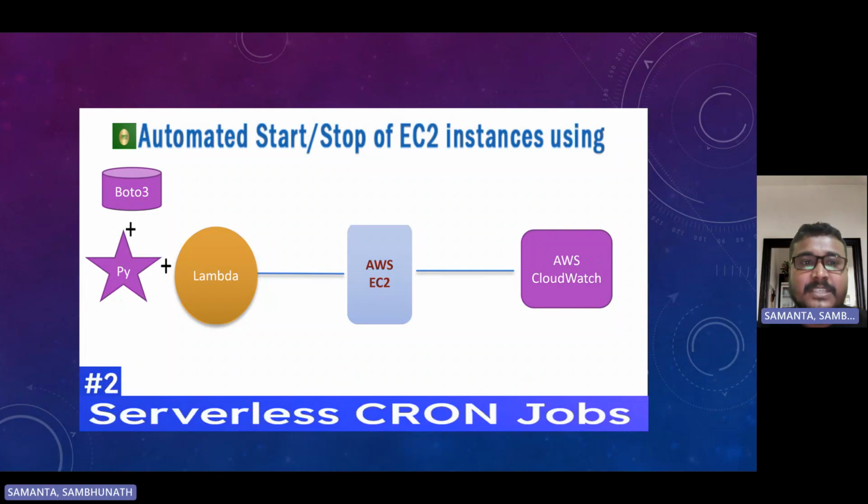In that video we demonstrated how to automatically start and stop an EC2 instance by using Python, Boto3, and Lambda. And we can use CloudWatch, that is EventBridge. By using all these components, we can achieve this automated serverless cron job.